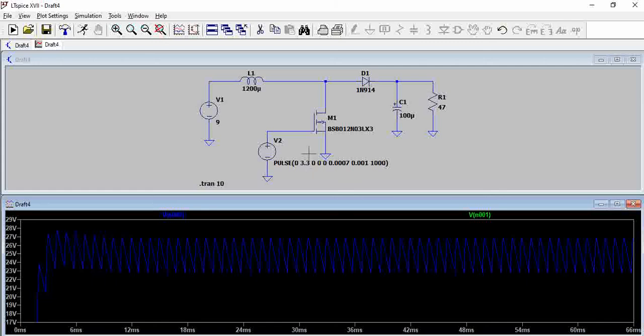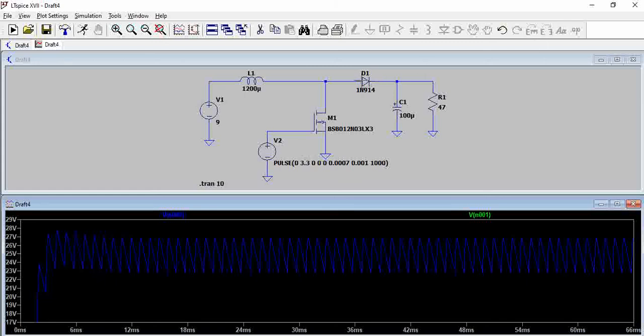So the more the MOSFET is turned on, that means the higher the duty cycle, the higher the output voltage. So that's how we can control a boost converter. You can play around with the duty cycle of the MOSFET to come up with the output voltage.